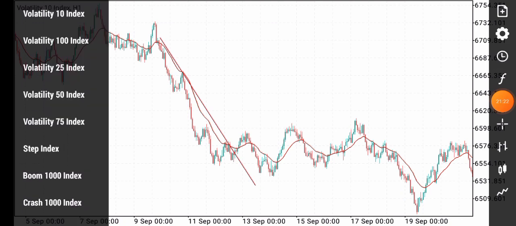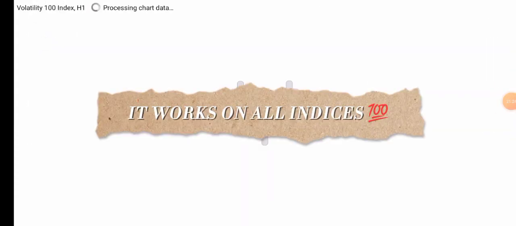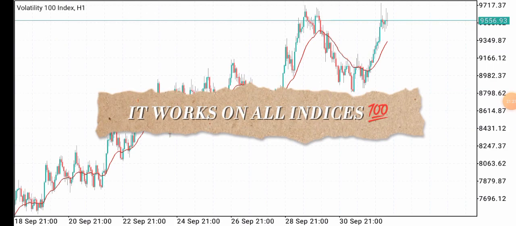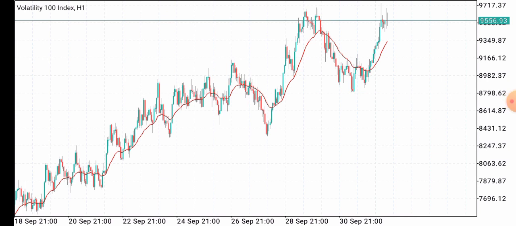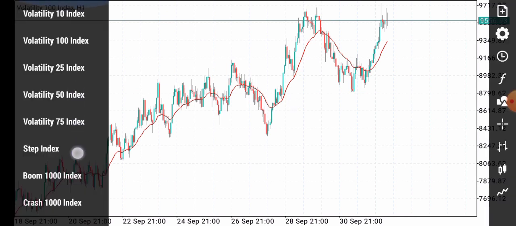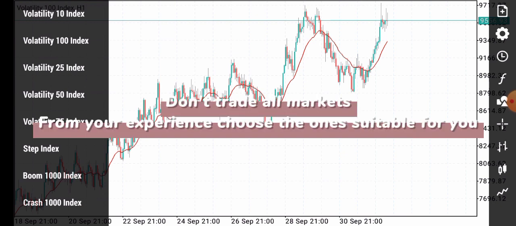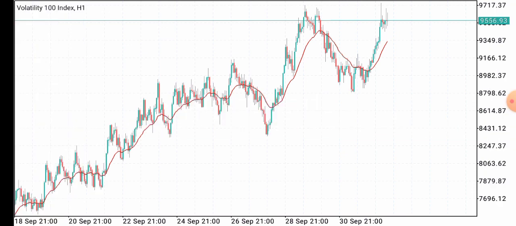So let's switch to Volatility 100. This works on all volatility indices, but if you see my charts, I only have 1, 2, 3, 4, 5. I only have 5 volatility sets on my chart. It's not all volatility that I trade. Some ones that are volatile, I remove them.